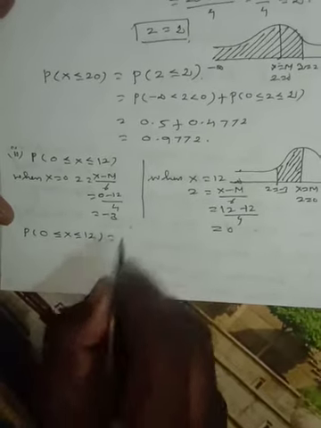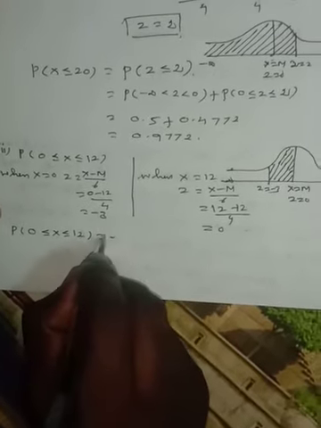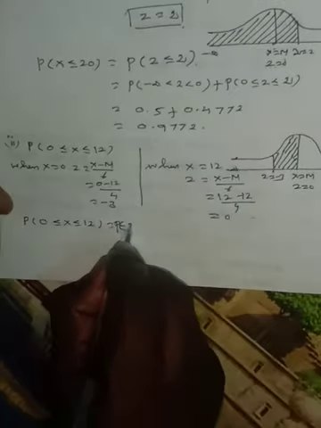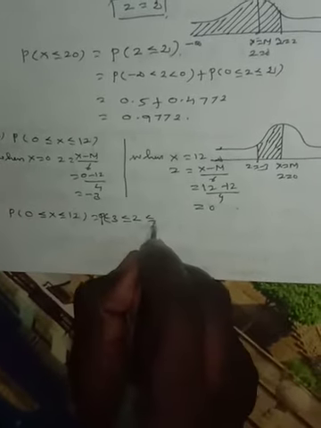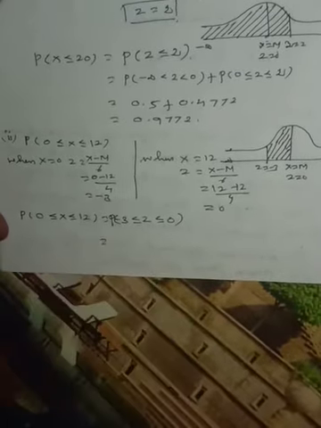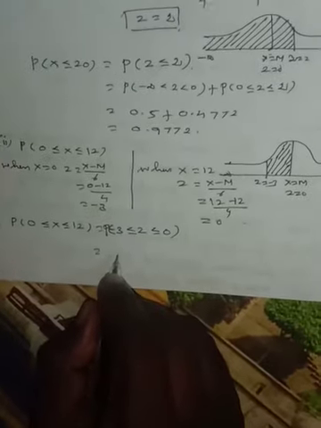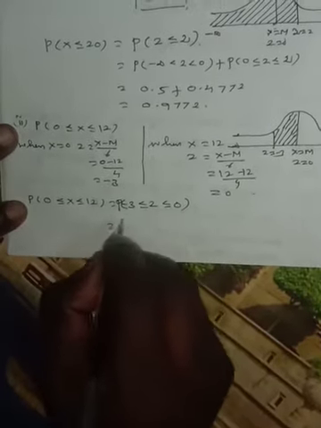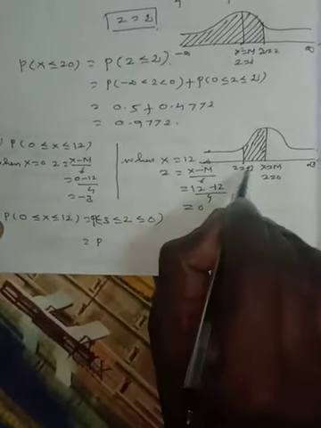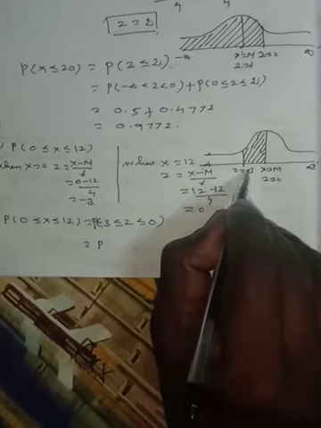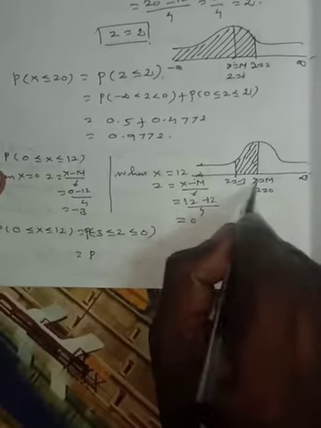Now the probability of 0 is less than or equal to x less than or equal to 12, in terms of z, is the probability of minus 3 less than or equal to z less than or equal to 0. The region is 0 to minus 3.